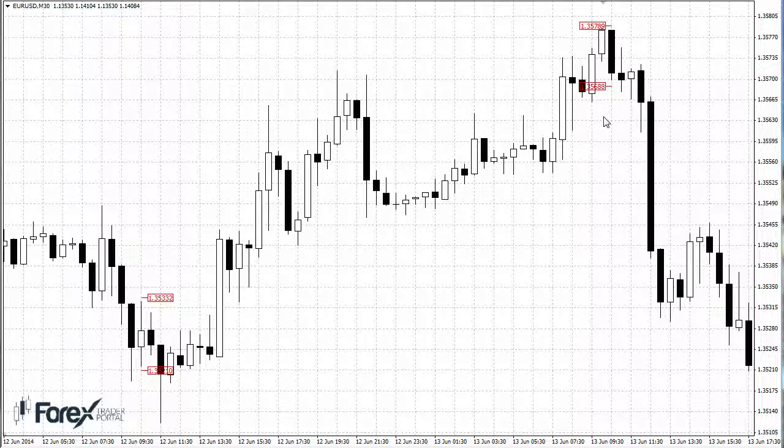We moved to the next day, and the next day was more pleasant when we saw all the advantage of this strategy. As usual, half an hour after the opening of the London session, we place a buy stop and sell stop order just above and just below the closed M30 candle, and the order to sell is triggered on the next candle.